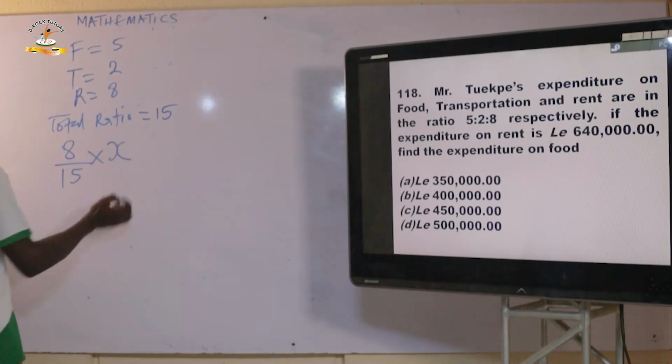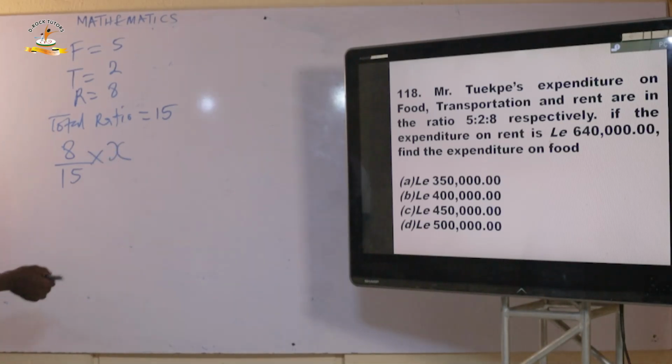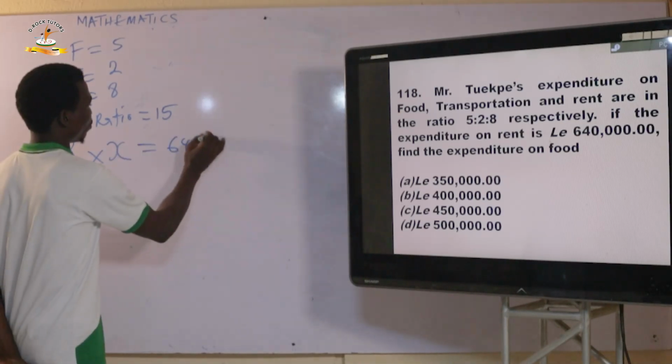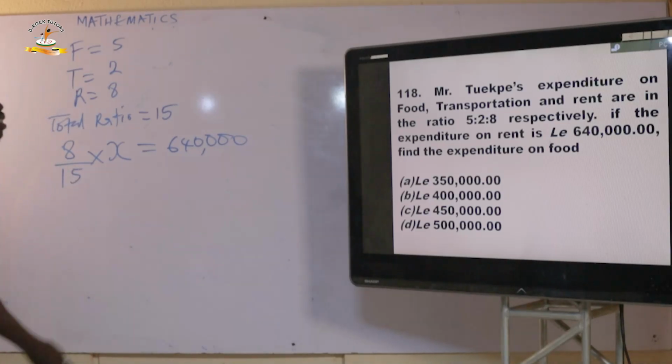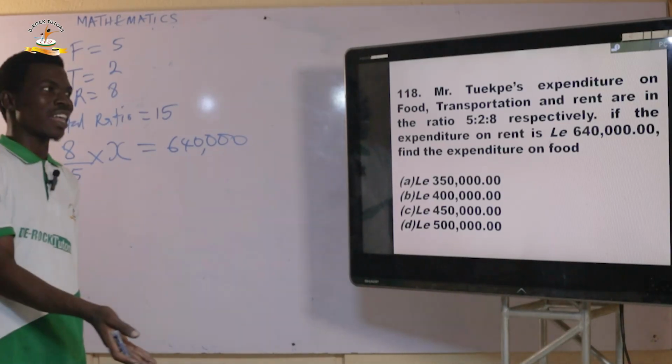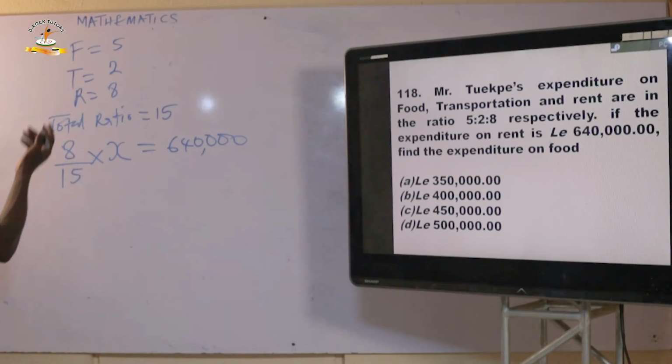So we call it X. That is the total amount. Rent is 640,000. With this, we can get the total amount he has at hand, and then go ahead to look for the expenditure on food.